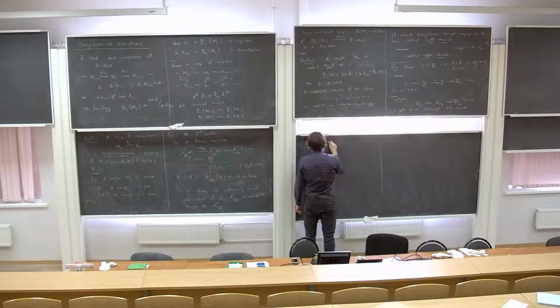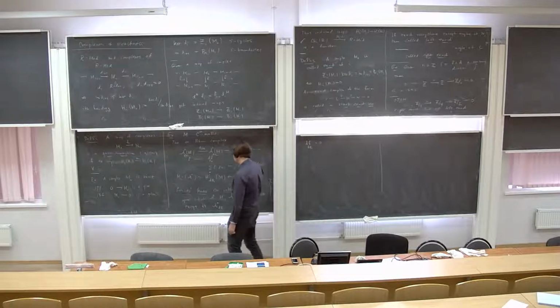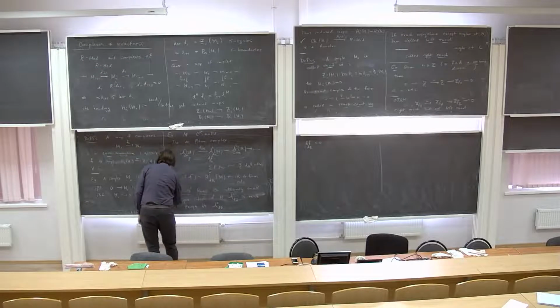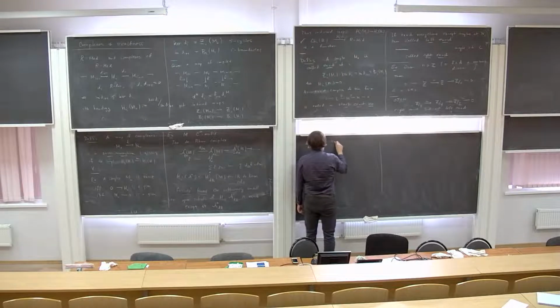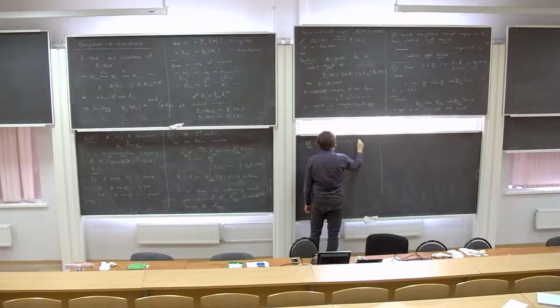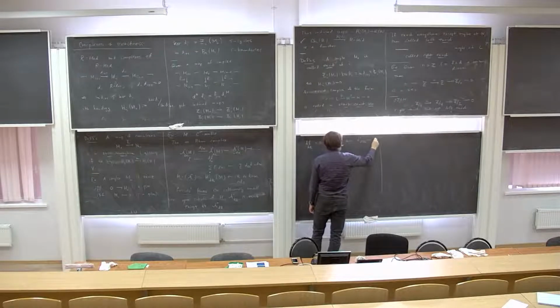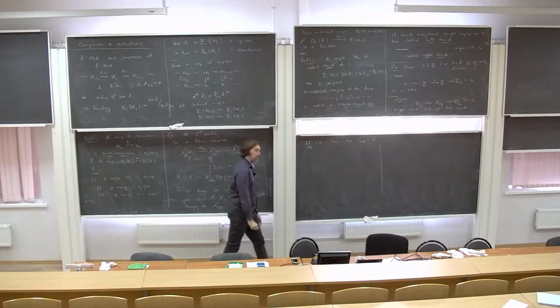So if I do this on sufficiently small, say, connected open sets, then the kernel here is just constant functions, so it's just a copy of the real numbers.